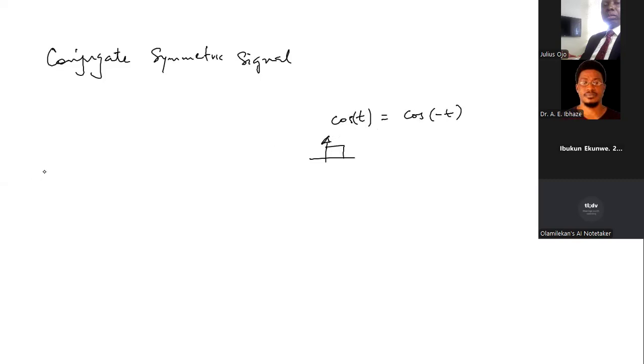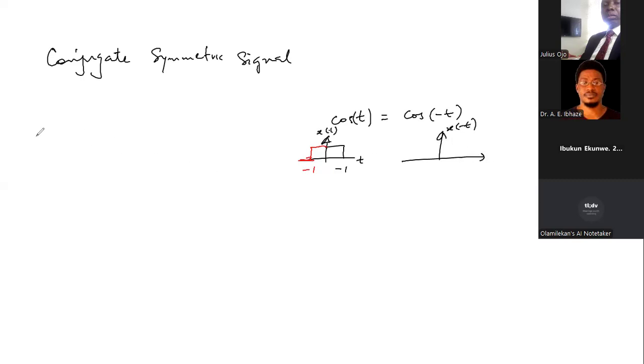But if it is not the same, then it means that it is not an even signal. So now, to make all that clear, let us use different colors for both sides. So this is -1. This is +1, right? This is t. This is s of t. So now we want to perform time reversal on this signal, so that this will now be s of -t. Are you with me, Julius? Yes, sir.